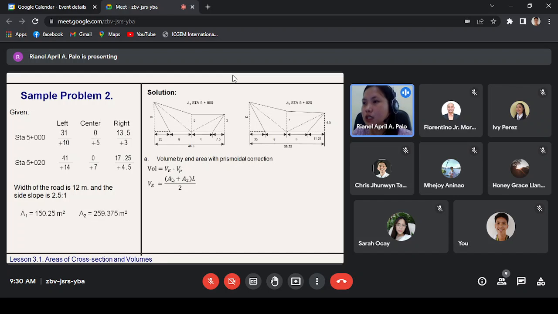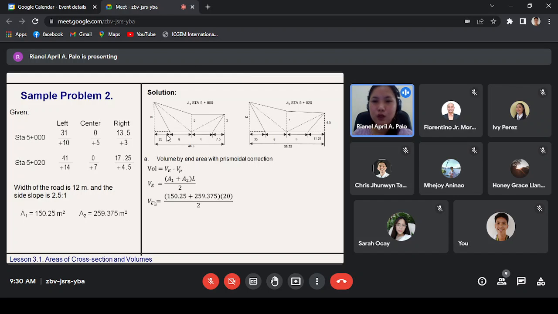Area sa cross-sectional area sa first station, which is given, that is equals to 150.25. Then cross-sectional area for the second station, that is equals to 259.375 square meters. Then L, distance between two stations, which is 5,020 minus 5,000, divided by 2.